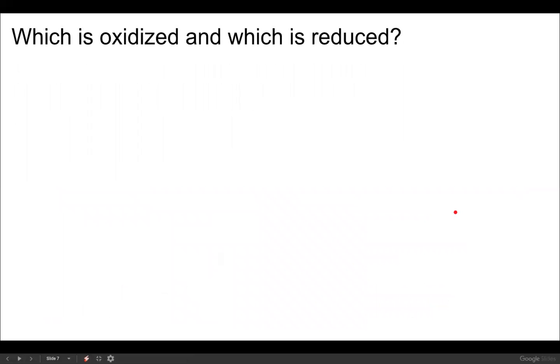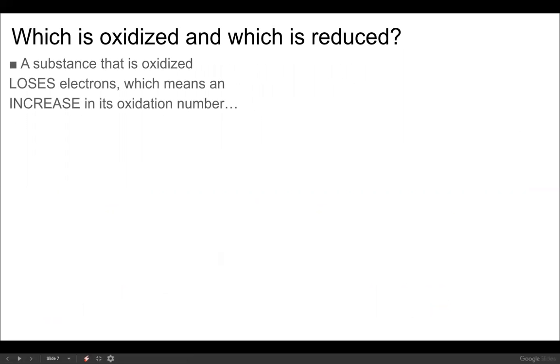So, which is oxidized and which is being reduced? A substance that is being oxidized loses electrons, which means there's an increase in its oxidation number, or it's becoming more positive.